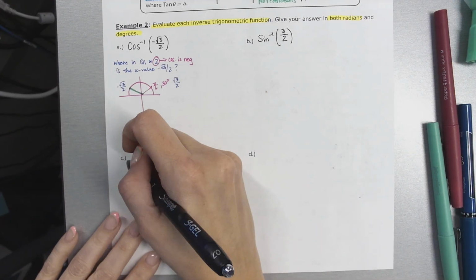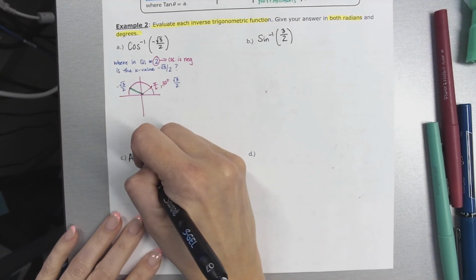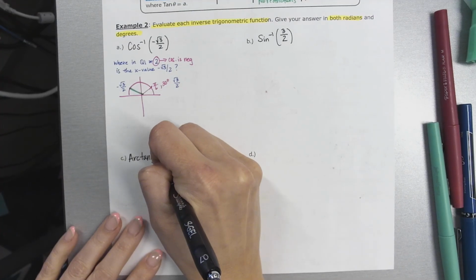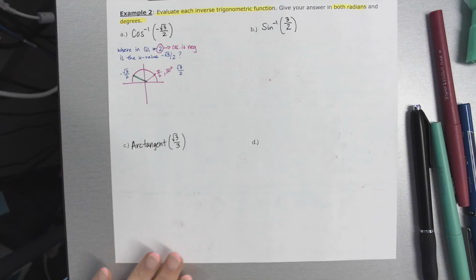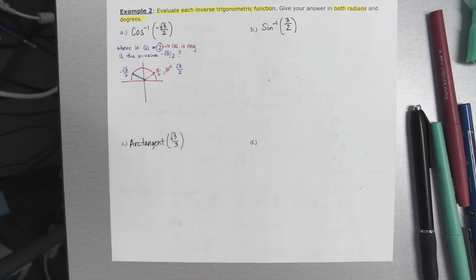Maybe wait for me for part B, but you might be able to do part C if you're ahead of me a little bit. Okay, so you're writing out what that value is in degrees and in radians.